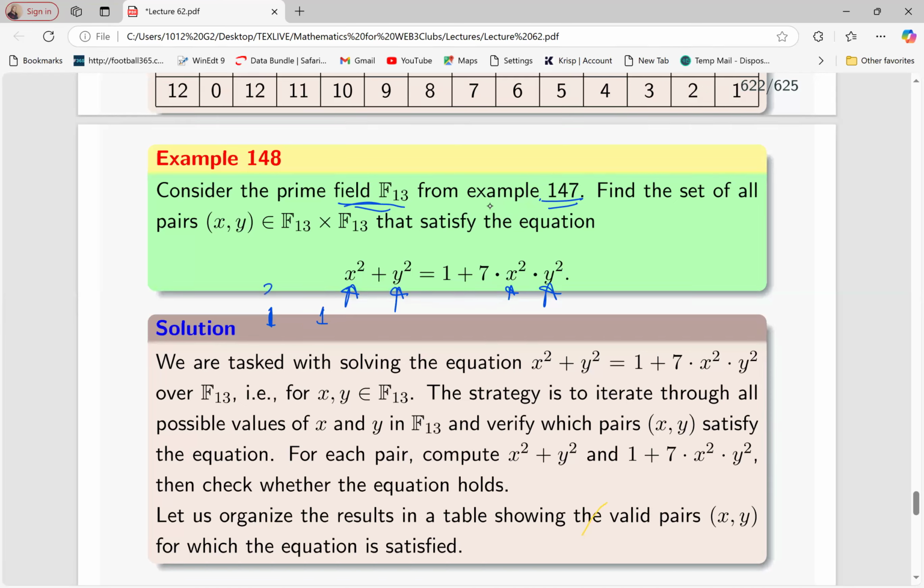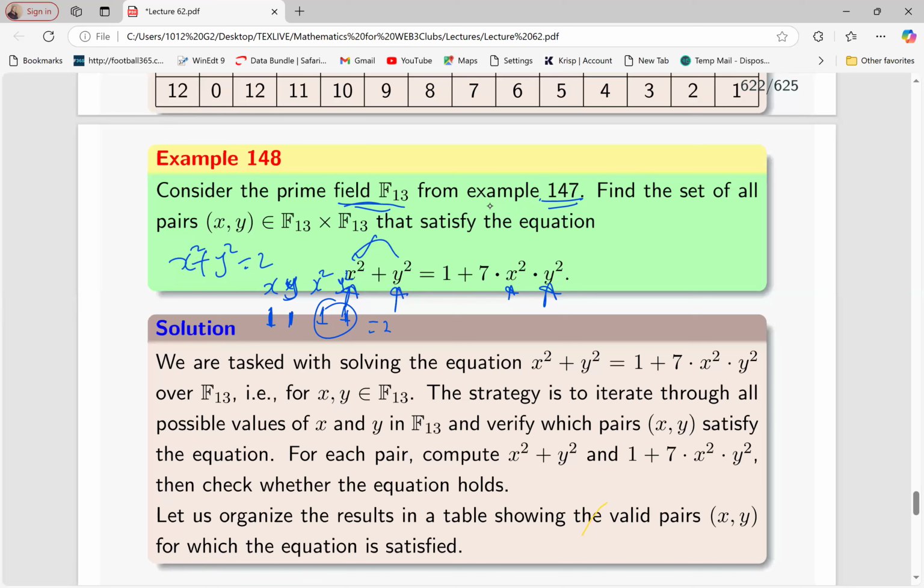Because we need x squared. And y can also be 1. So if y is 1, y squared will also be 1. Now, x squared plus y squared will then be 1 plus 1, which is 2.